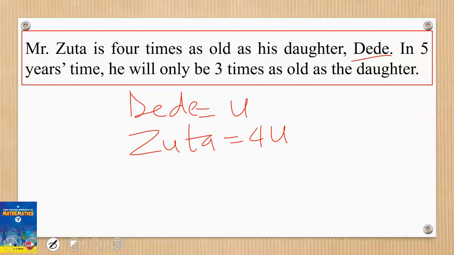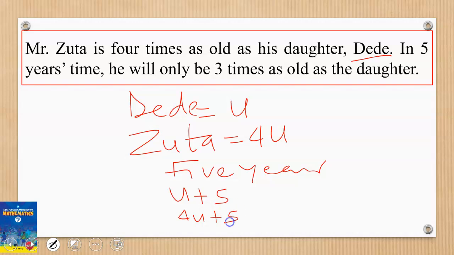Now, full stop. In 5 years' time, let's pause there. He will only be 3 times as old as the daughter. In 5 years to come, Dede will then be u plus 5. Mr. Zuta will be 4u plus 5. So 5 years to come, these will be their ages.